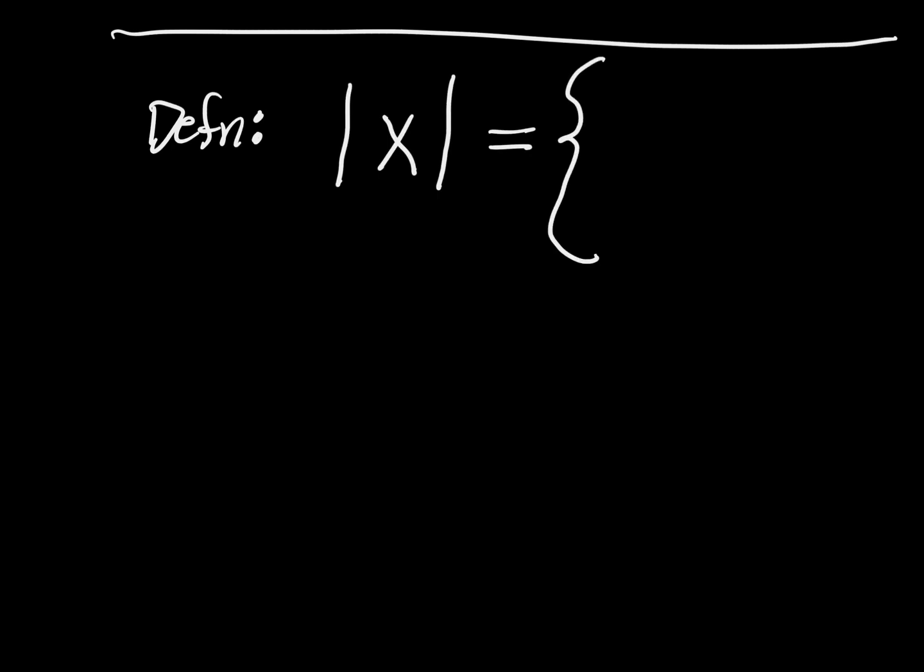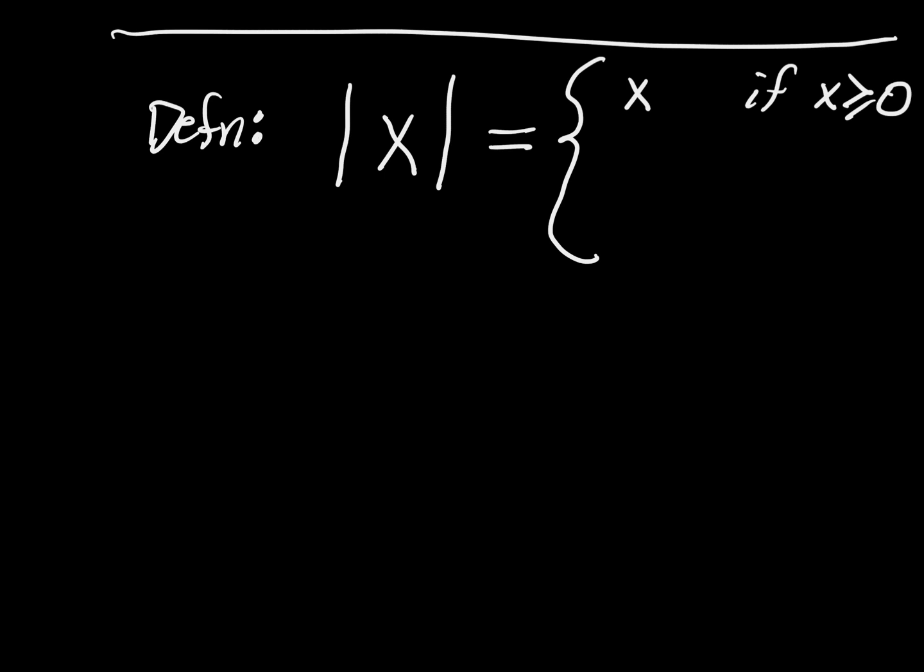It's going to be equal to just that quantity if that quantity is not negative, positive or 0. If I know that that quantity is positive or zero, then I just drop the absolute value symbols and rewrite it, okay?